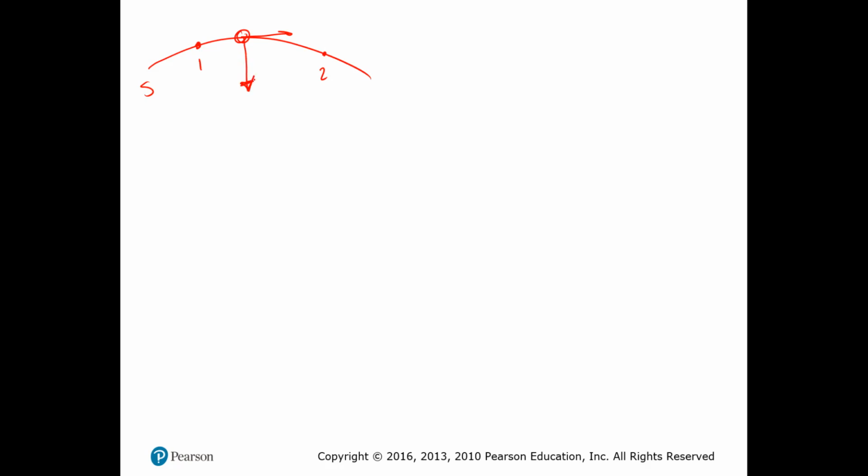So this is all the forces acting in the tangential direction, and this is all the forces acting in the normal direction. The sum of these two will give me the resultant forces.